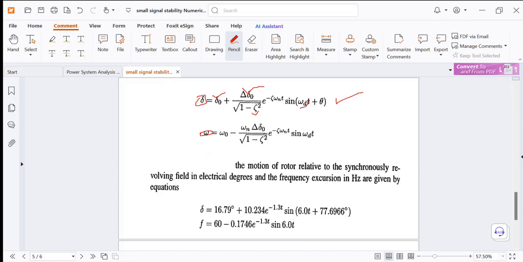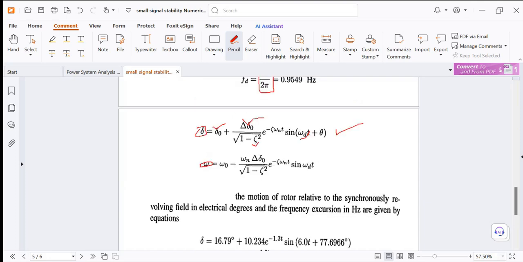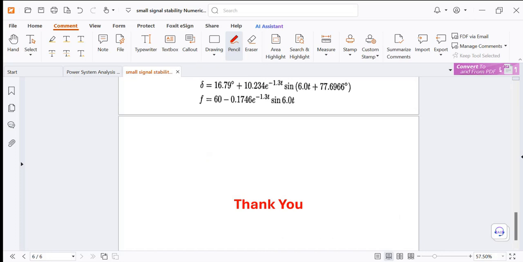Therefore, we are not giving their exact value because they will change with the change in time. So whatever the value of time we put here in delta and f, the value of delta and f will change during the transient. I hope this problem is clear to you, and through this problem, the small signal stability and how the rotor dynamics and frequency change during the problem as well.